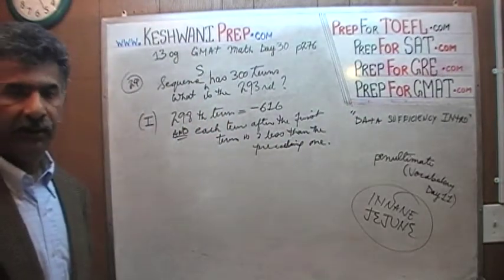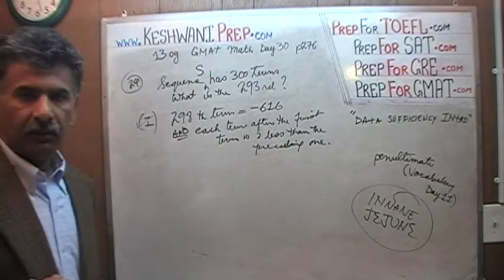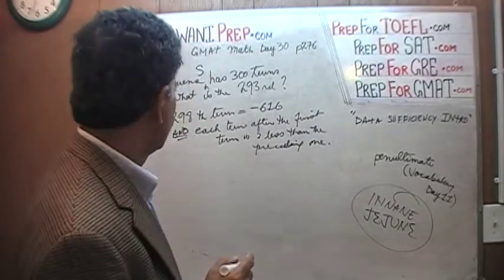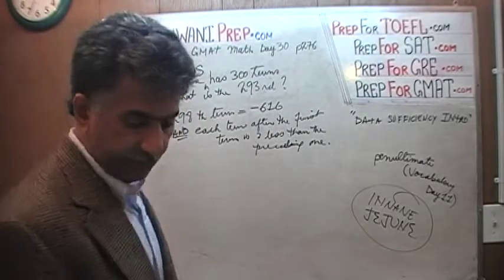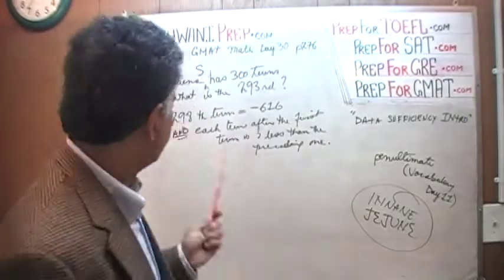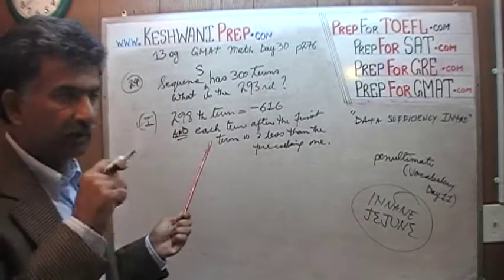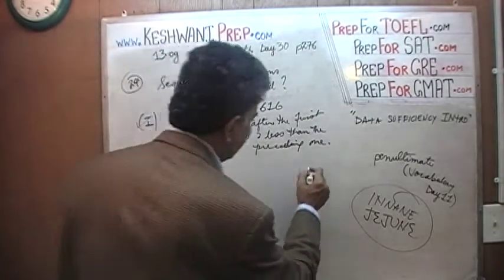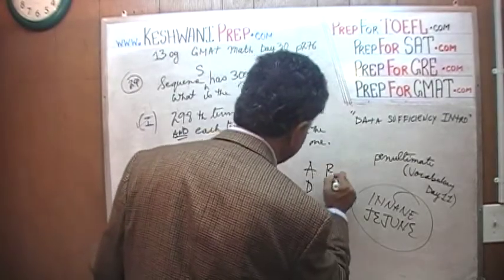That's plenty. That is enough information. So each one is 2 less than the preceding one. So if we know the 298th term, of course we can work backward and figure out what the 293rd is going to be. That is enough. So here we go, A, D, B, C, E.